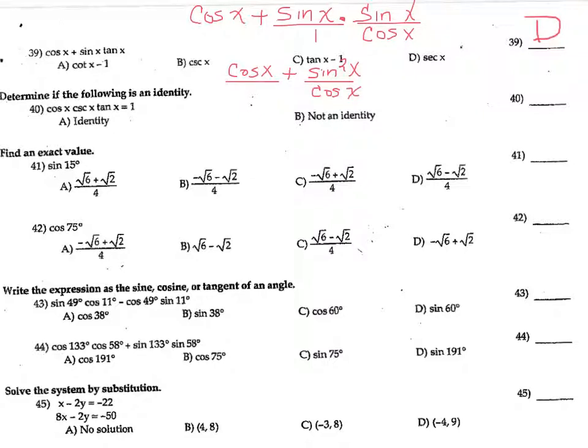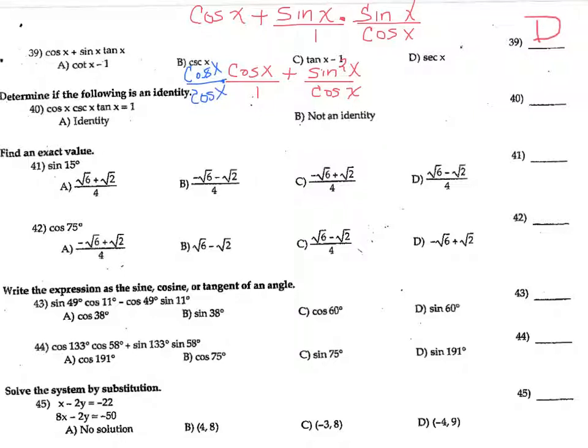Since these are two fractions, you need to combine them, and you need an LCD, the least common denominator. What's the common denominator for these two? Cosine. So you already have cosine on the second fraction, so you multiply the first one by cosine of x.